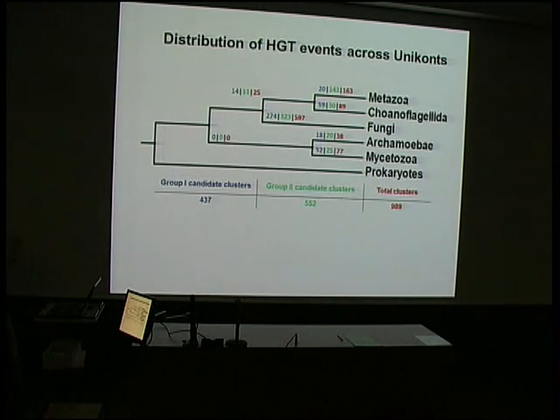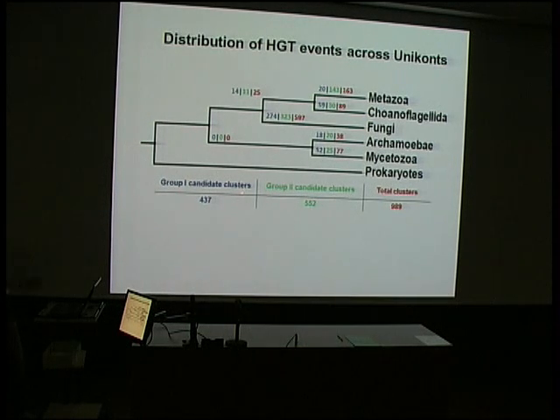And coming to the point, this is our current conclusion, which we are still validating to some extent, but which largely stands, I think. We have up to 1,000 horizontal gene transfer events. Not genes, there are many more genes, but events where apparently a horizontal gene transfer occurred with possible subsequent duplication in the evolution of various branches of Unikonts.